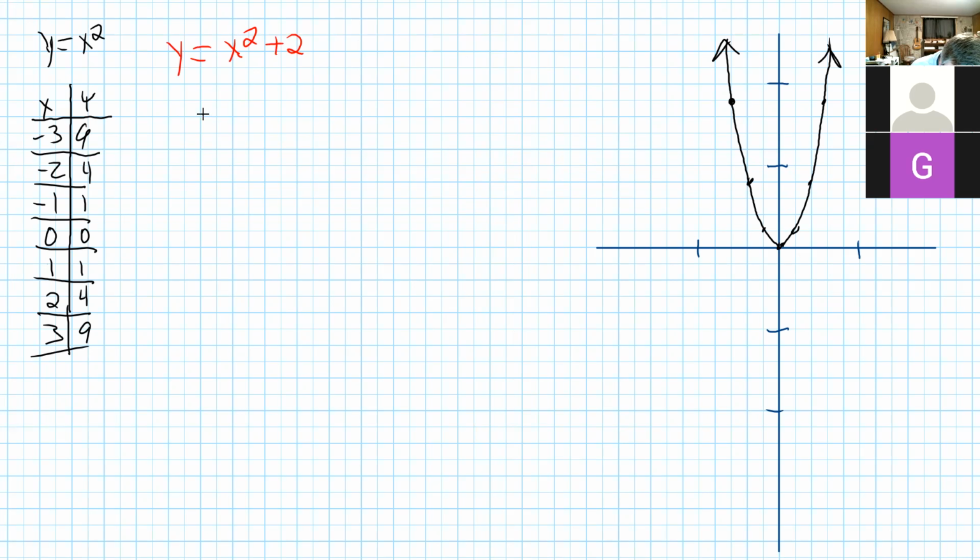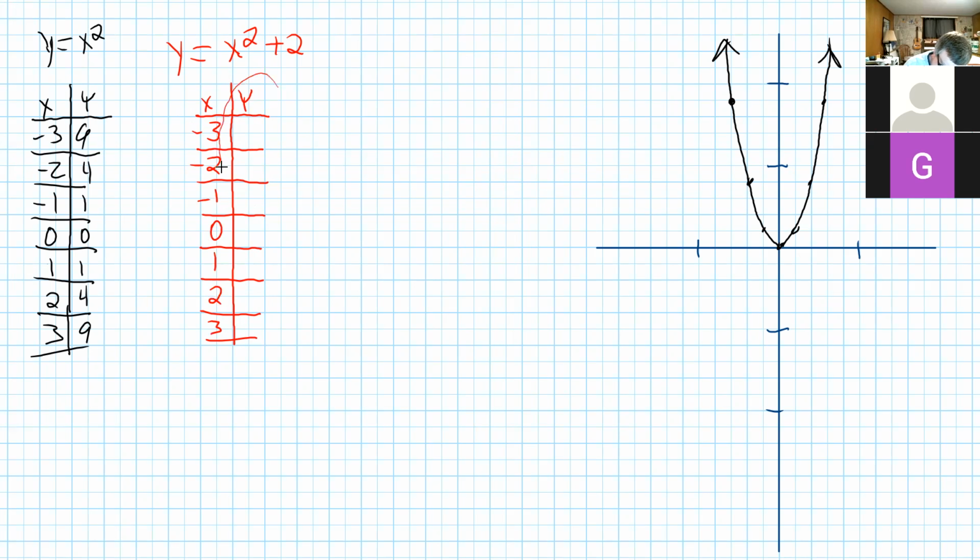And we'll make a table. X and y, -3, -2. Okay, I'm lazy. I don't want to have to recalculate all of this.